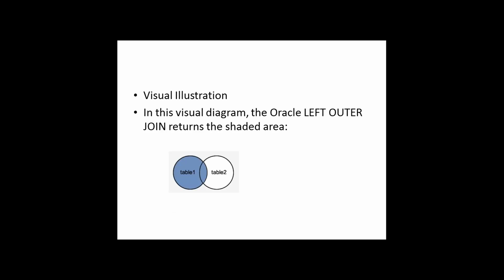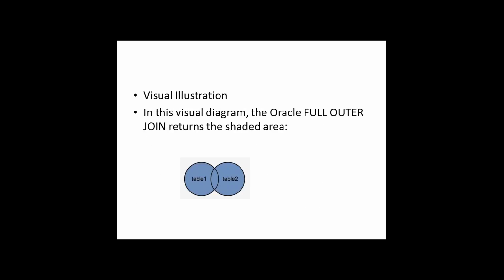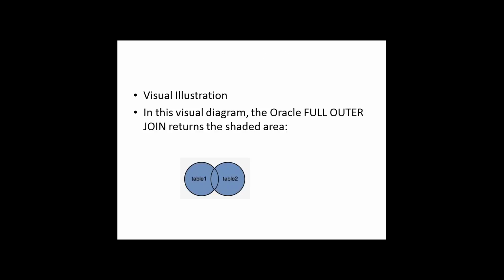A full outer join, sometimes also called a Cartesian join, is when I want to retrieve all the data of both table A and table B, irrespective of whether it is matching or not. I want to show everything in my tables, so we go for a full outer join.